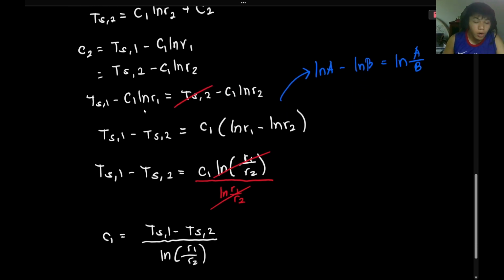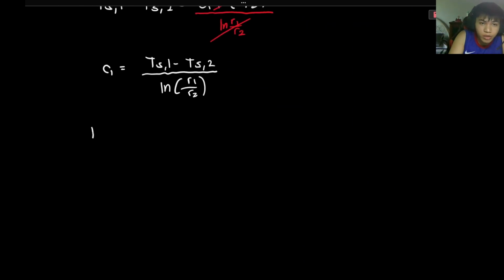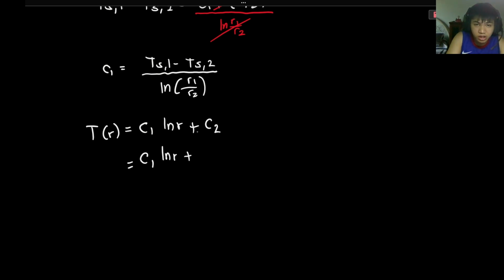We substitute that to our general solution. So i-rewrite lang ulit natin. Now we have T as a function of R. That's equal to, again, C1 ln R plus C2. Okay? And para hindi tayo magkalituhan, i-substitute muna natin yung ating C2. So we have C1 ln R plus ng ating C2, which is TS2 minus C1 ln R2. Ayan.